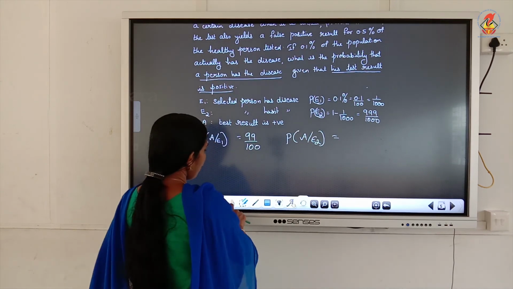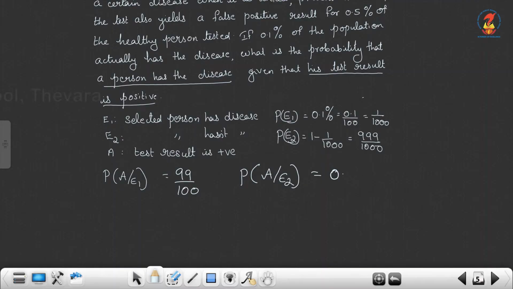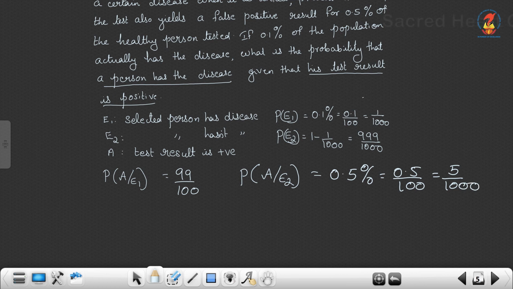So 0.5 percentage, by 100, or it is 5 by 1000.